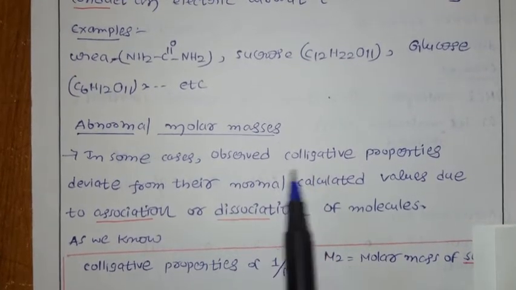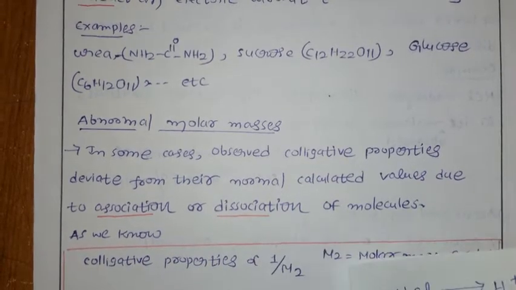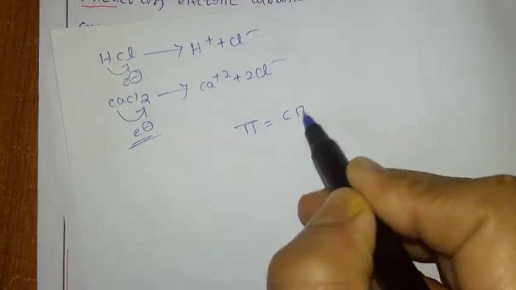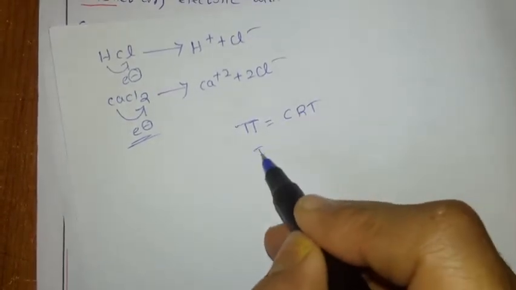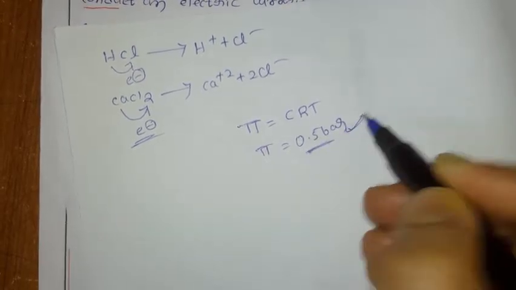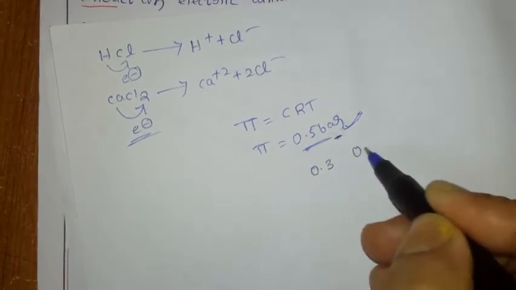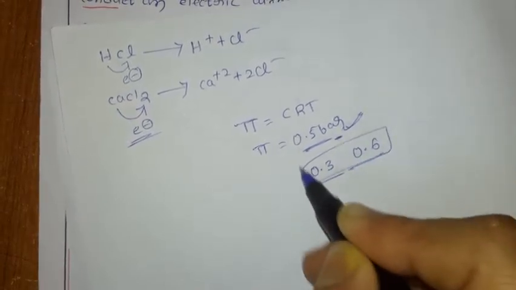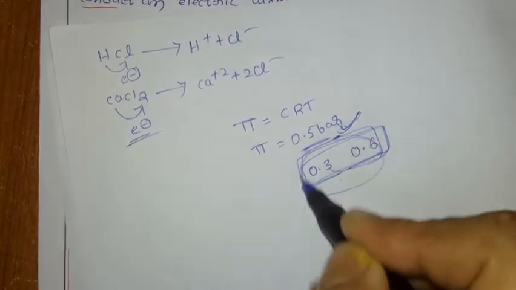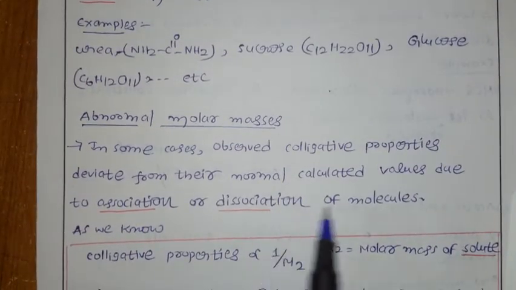While calculating, for example, the osmotic pressure pi using the CRT formula, maybe you got 0.5 bar as the calculated value. But you do not get this value; you get something else, maybe 0.3 or 6. You are not getting the value you calculated because of ionization, or association and dissociation of molecules.